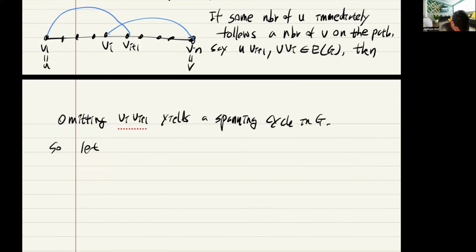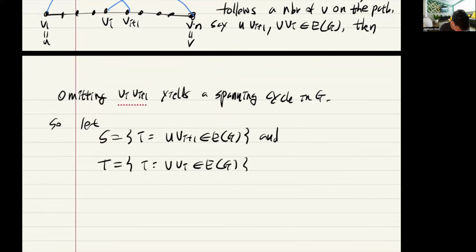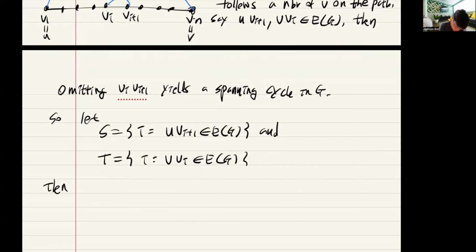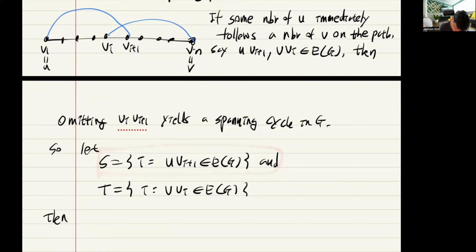So let S be the set of all i such that u p i plus 1 is in G, and T be the set of all i such that v p i is in G. Then what happens? This counts the number of neighbors of v, and this counts the number of neighbors of u.